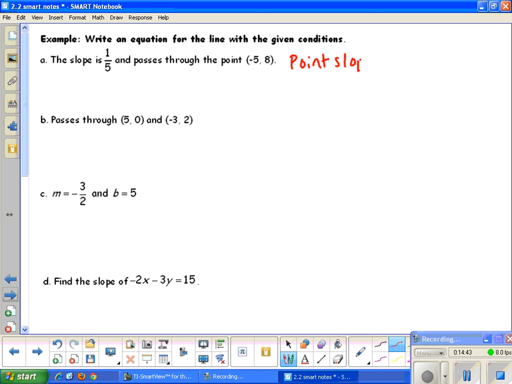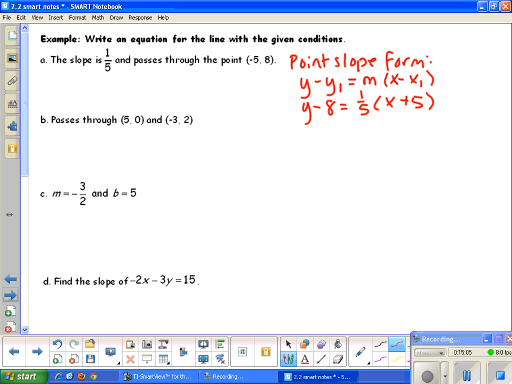So I always like to write out the equations because it helps me memorize them. y minus y1 equals m times x minus x1. So when I plug that in, I have y minus 8 equals 1/5 times x minus -5 becomes plus 5. That would be point slope form.